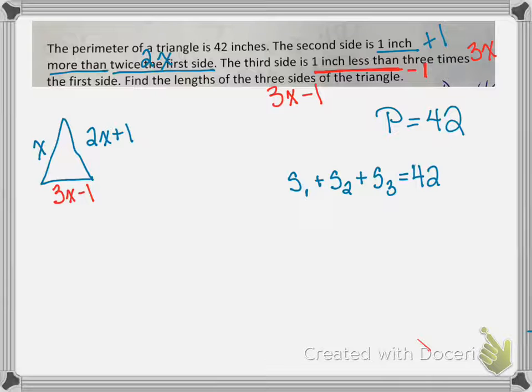How do we have it represented? X. Good. How do we have side 2 represented? And how do we have side 3 represented? Excellent. And all of those added together equal? 42. Excellent. Now I'm going to give you 1 minute to solve that.